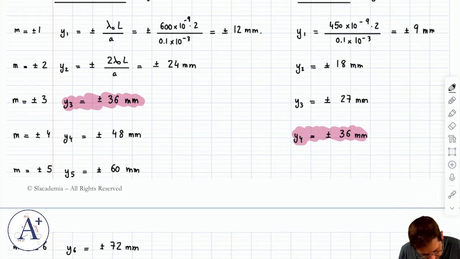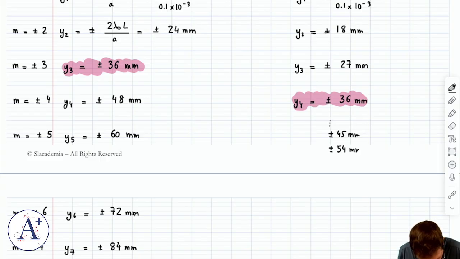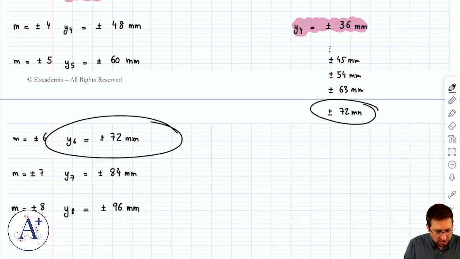You can continue if you want, just keep adding plus or minus 9: 45, 54, 63, and then plus or minus 72. Boom, 72 matches this. And that's it, because the next one would be 3 times 36, but you fall off the screen, so you don't have to worry about that. This would be 108.